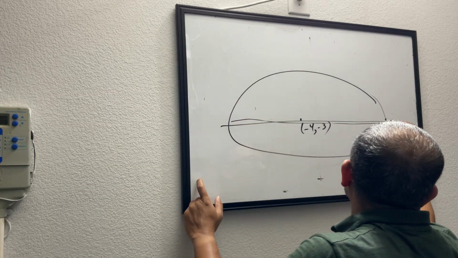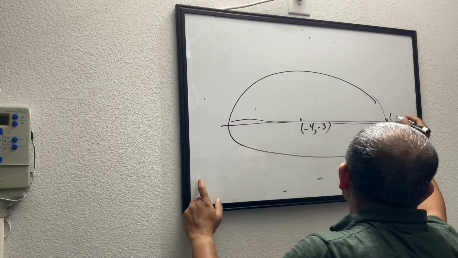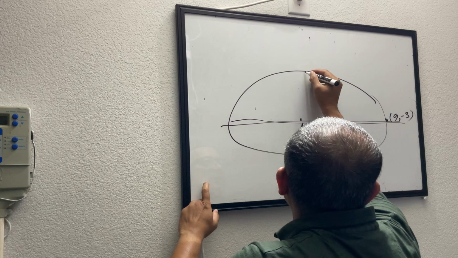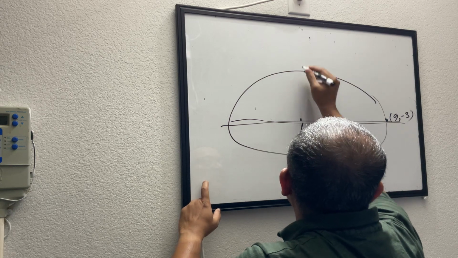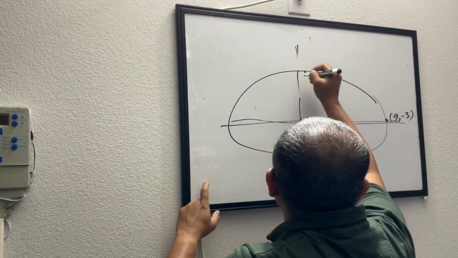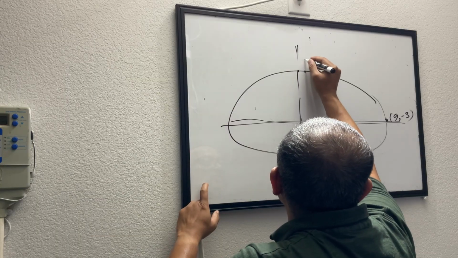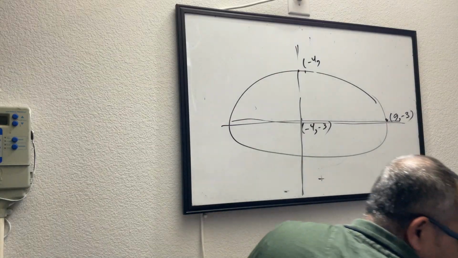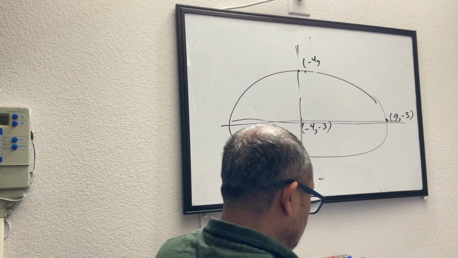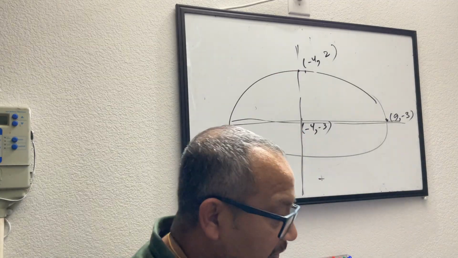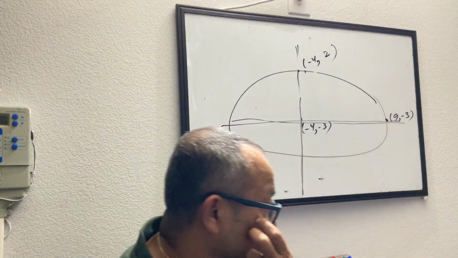Along the major radius, this vertex is given as 9, comma minus 3. And along the minor radius or minor axis, this vertex is given as minus 4, comma 2. You have been asked to find out the foci of this ellipse.